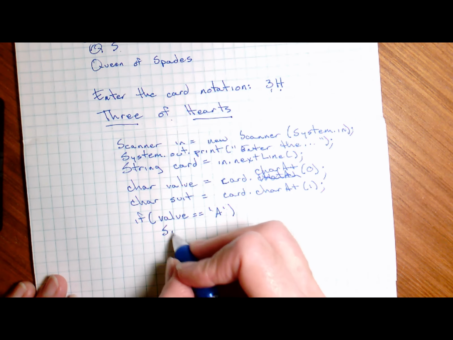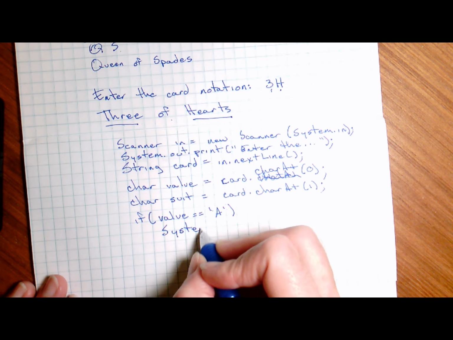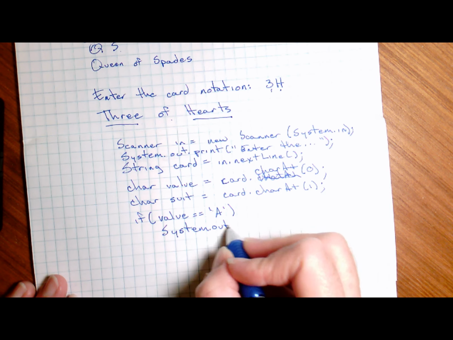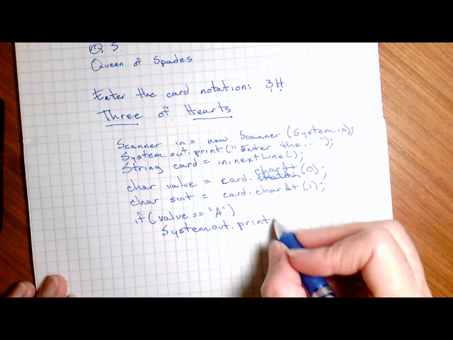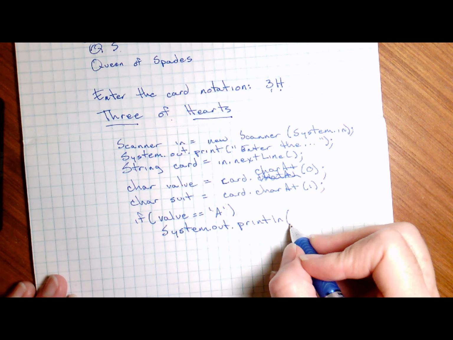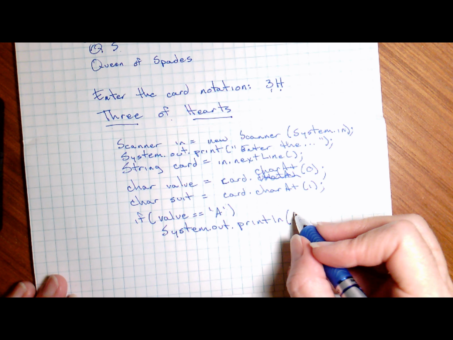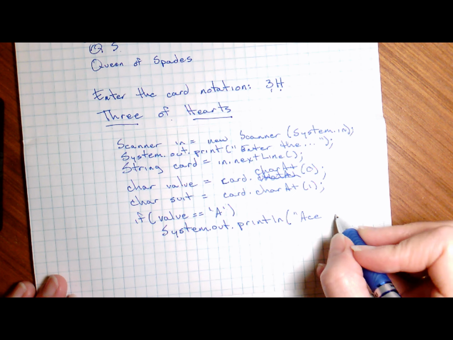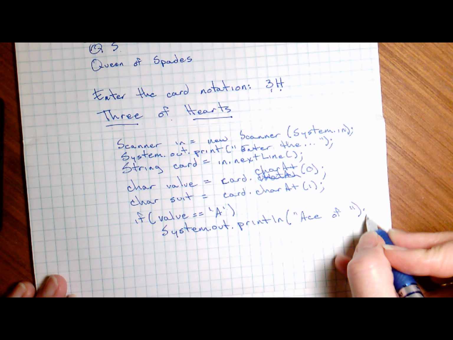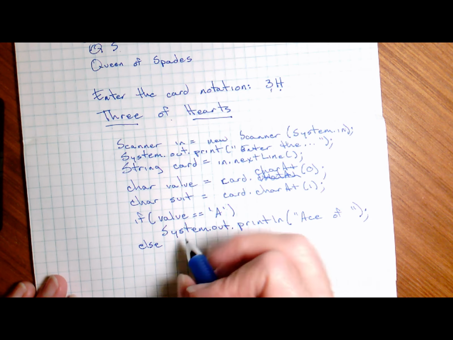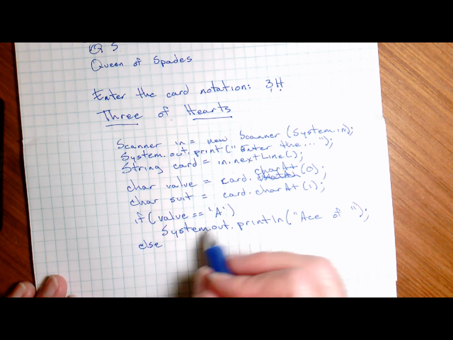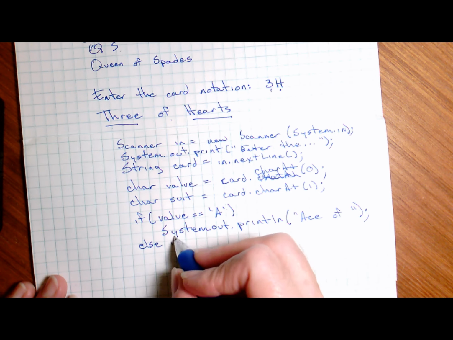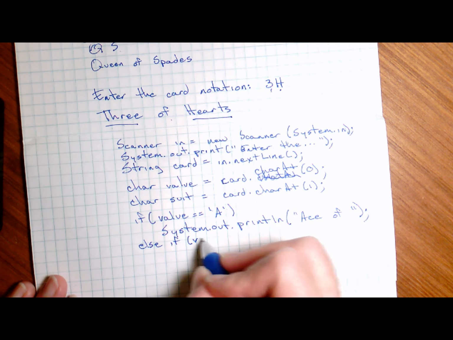And if that's the case, we're going to output ace. Else, what do we want to check for next? We want to include the else because if it's an A, if it's ace, we do not need to check any other values. So we have to be able to put that else there.